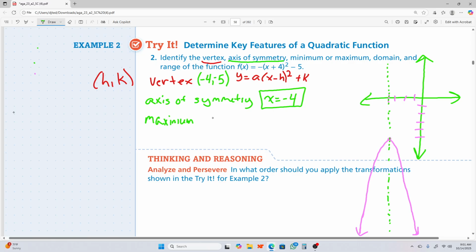And it's at -5. That comes from the y coordinate of your vertex. So our maximum is our y at -1, 2, 3, 4, 5.